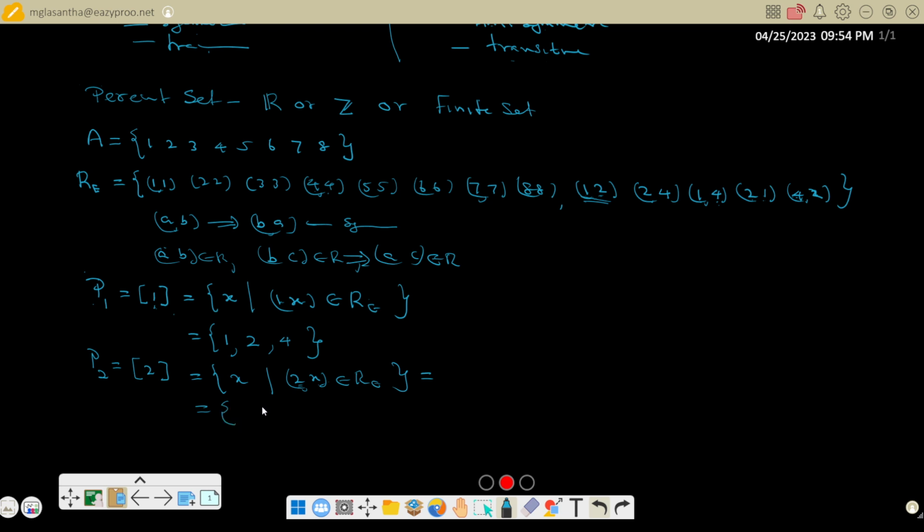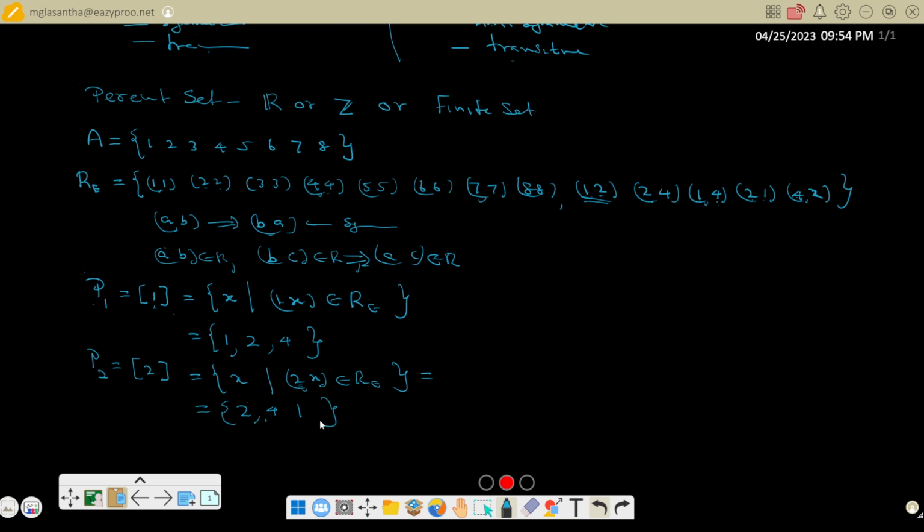Sir, can you explain again? (1,x) belongs to R. If (2,x) is in this set, you can take it for this set. Now you see (2,2) is there, then 2 can be taken. (2,4) is there, then 4 you can take. (2,1) is there, 1 you can take.